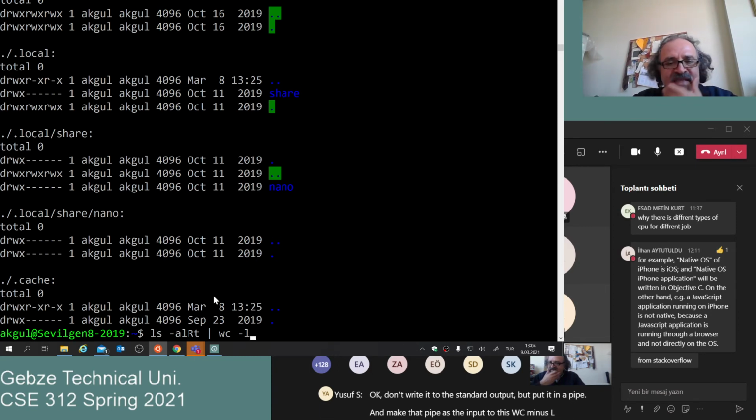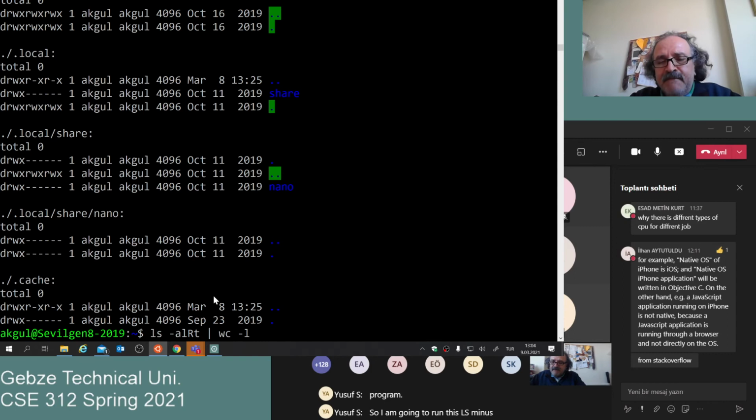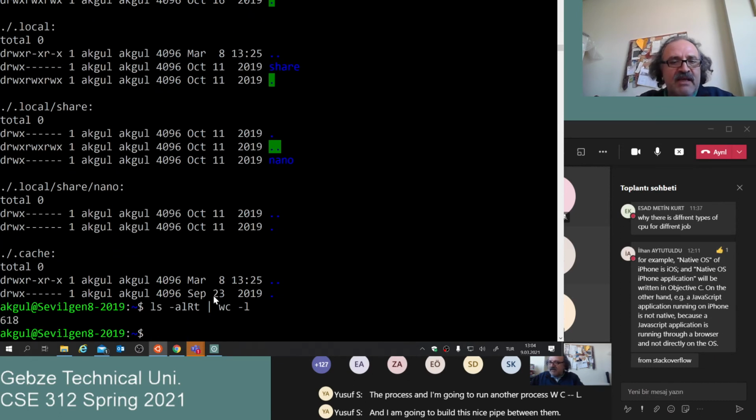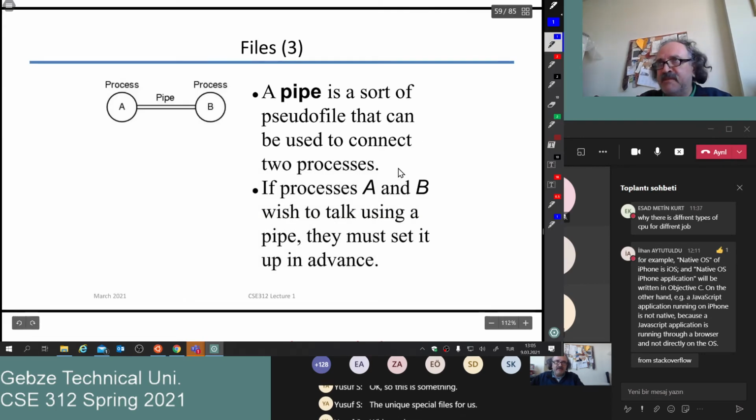So I am going to run ls -alrt as a process, and I am going to run another process, wc -l, and I am going to build this nice pipe between them. Both of them will work, and at the end I am getting the standard output of wc -l. It says that you have 618 lines. So this is something the Unix bash shell does for us with the help of Unix pipes.